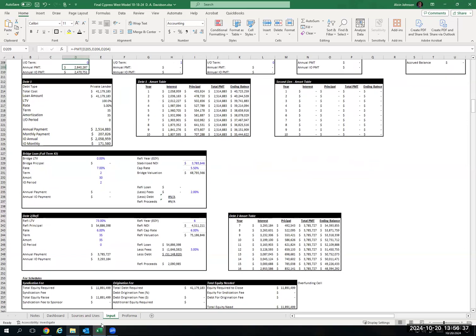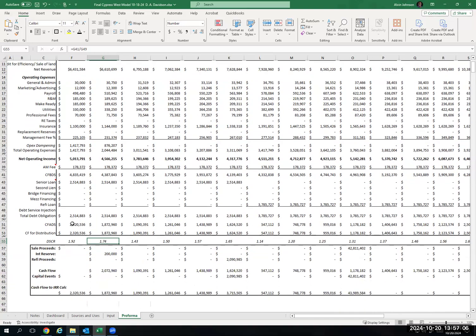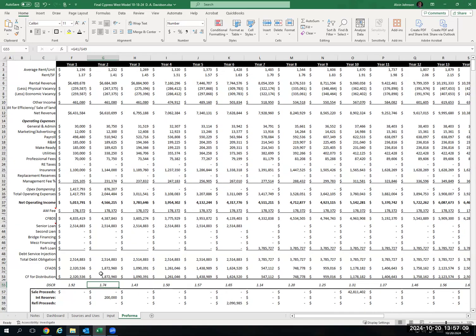So we're going to ride this loan out, and I'll show you on the pro forma how my debt service ratio goes. Here we are not fully occupied, so we don't have full expenses coming through to the bottom line. You'll notice here that I have my expenses, net revenue.